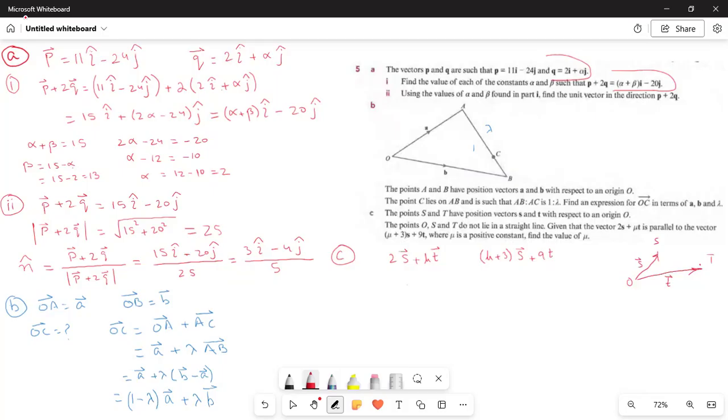So I assume that there is some kind of multiplying factor here.